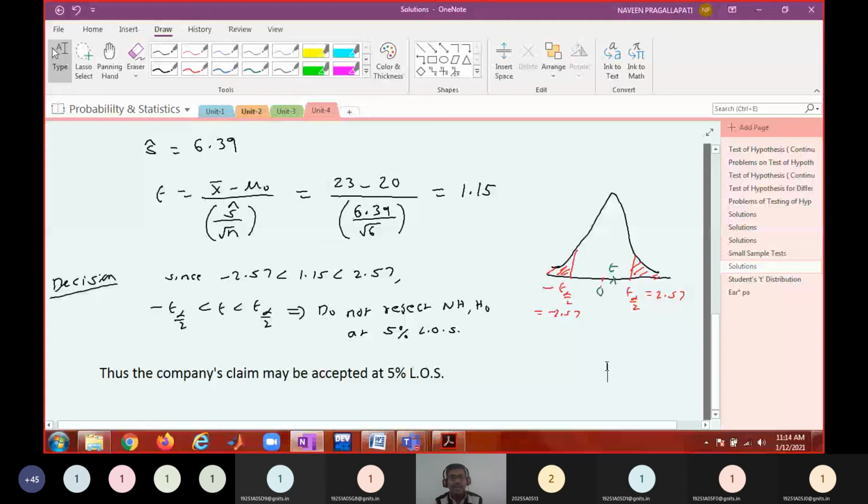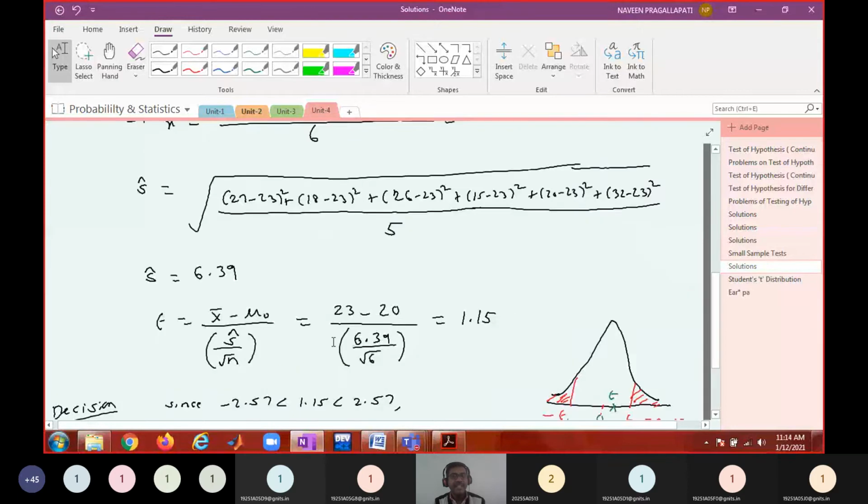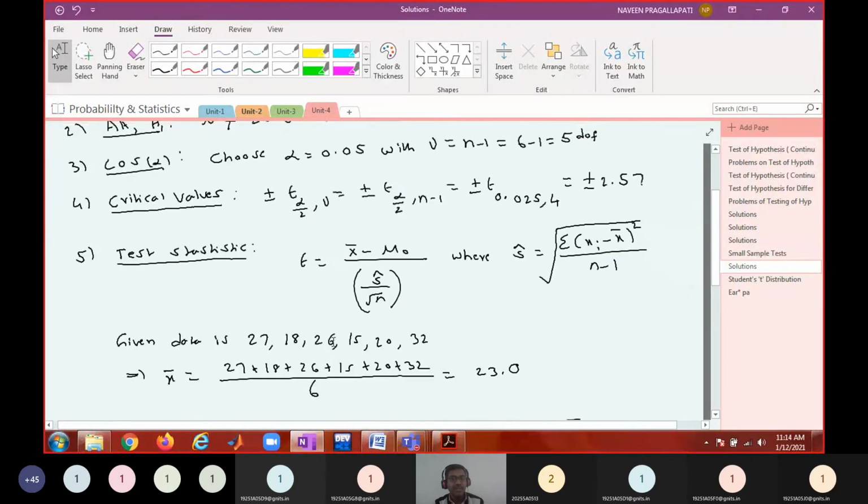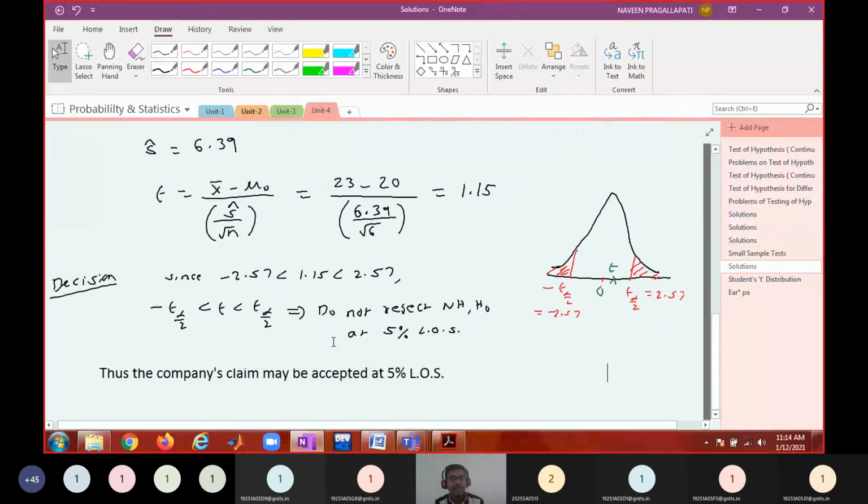Is it okay? In a similar way, by changing the level of significance from 0.05 to 0.01, you can also find out the test and take the hypothesis. Shall we go to the next problem?